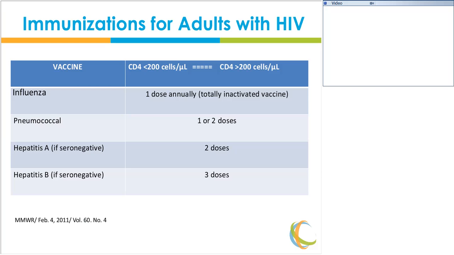The big 4 vaccines for adults with HIV are an annual influenza vaccine, a pneumococcal vaccine, and you will probably still see some variations in the recommendations for timing. It used to be 1 dose every 5 years, and now it's a dose at diagnosis and then 1 dose again either at 5 or 10 years, and for a total of 2 doses in their lifetime.